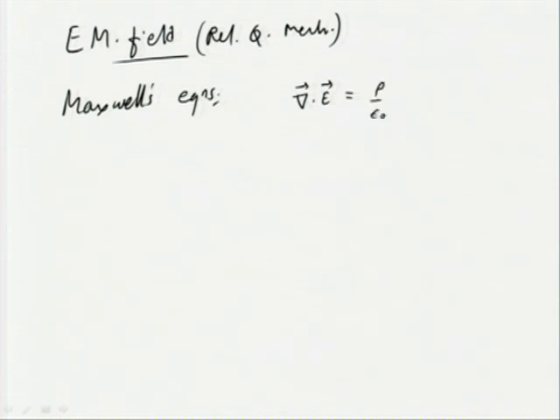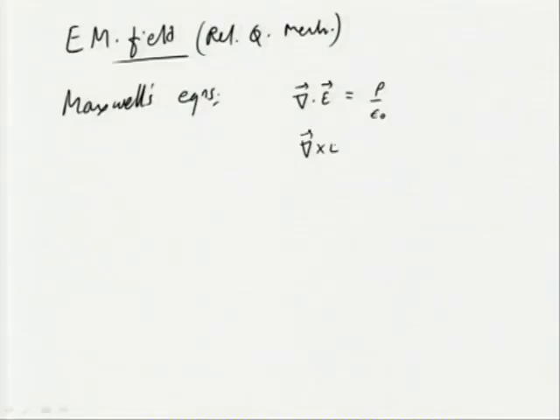This rho is actually the charge density. Sometimes the same notation represents different things, but depending on the context, I believe you will be able to understand what is what without confusion.